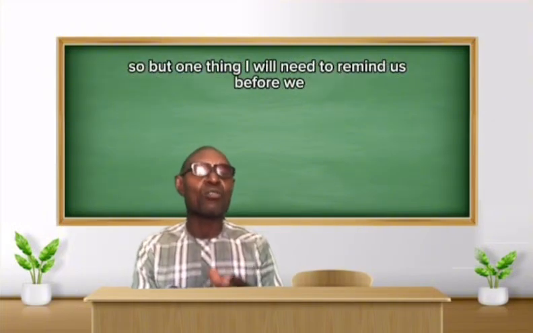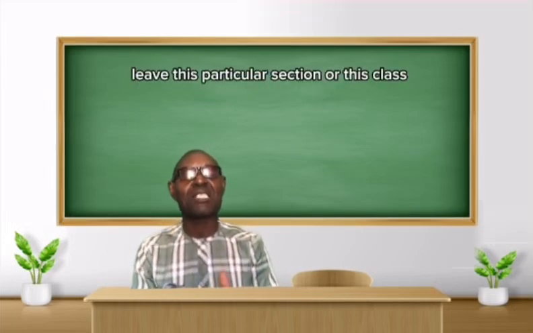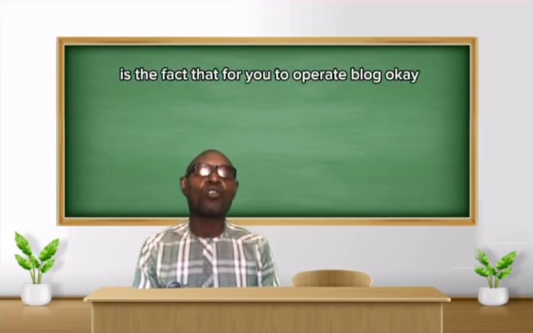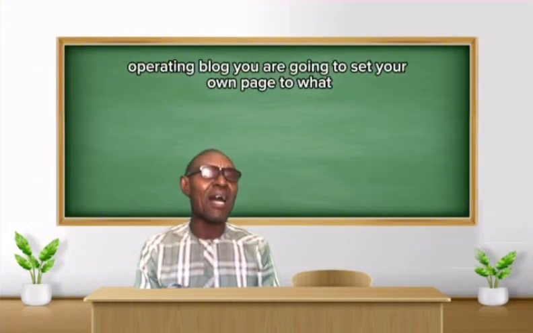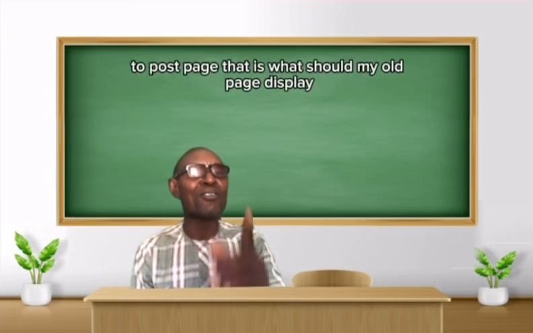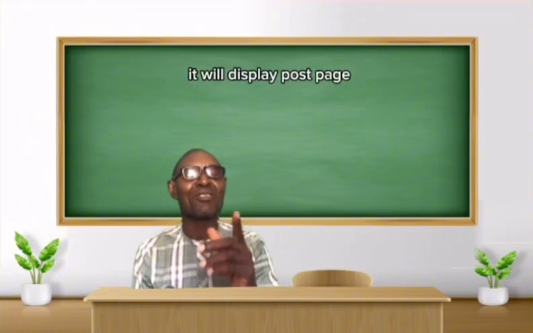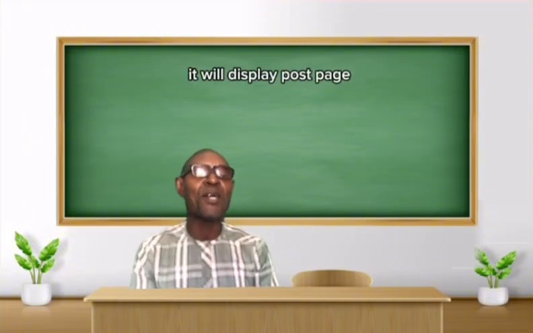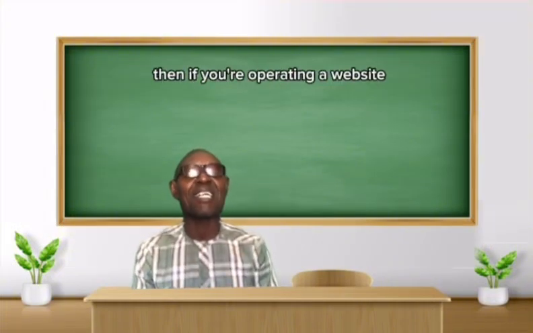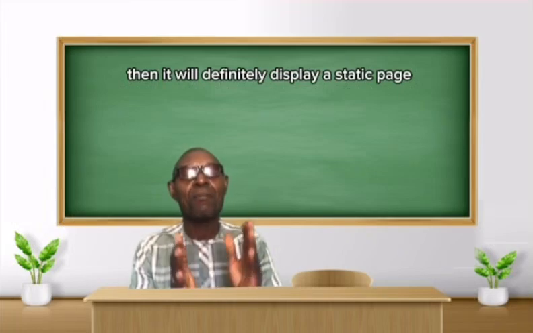But one thing I need to remind us before we leave this section is that for you to operate a blog, you are going to set your home page to what? To the posts page. That is, what should my home page display? It will display the posts page. Then if you are operating a website, then it will definitely display a static page.